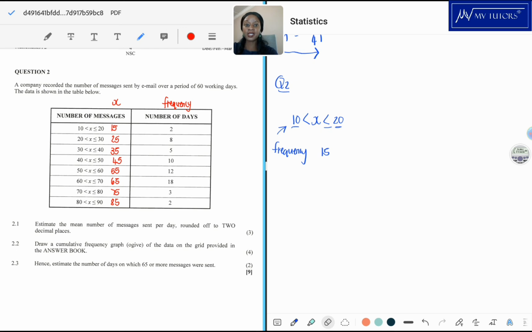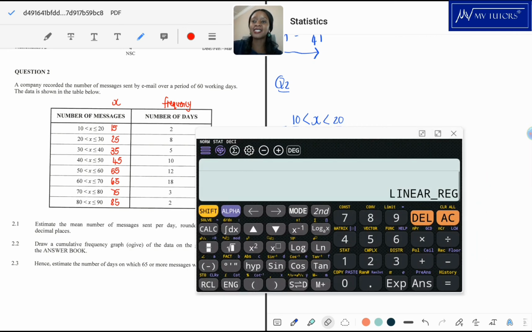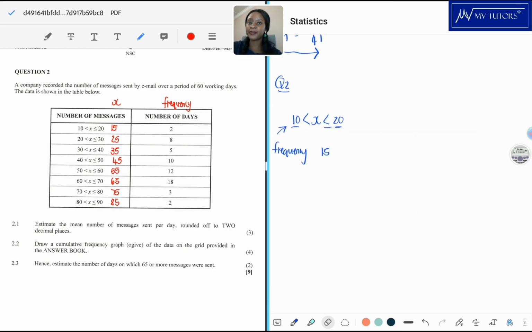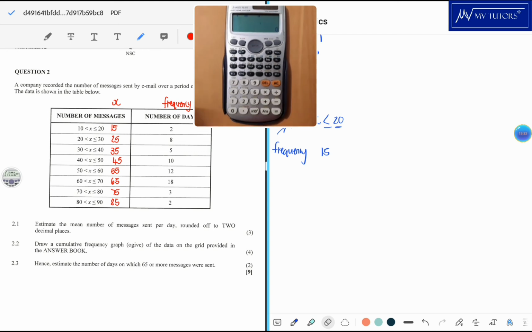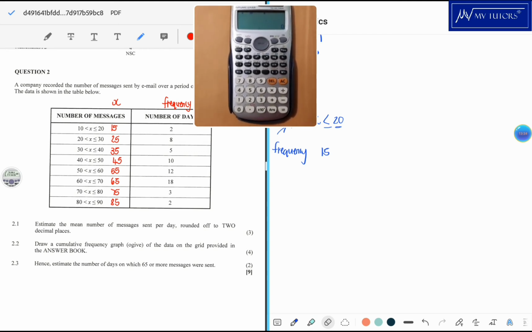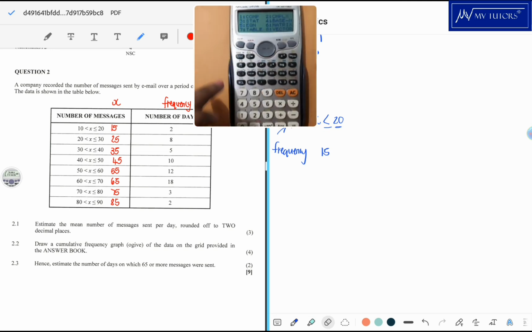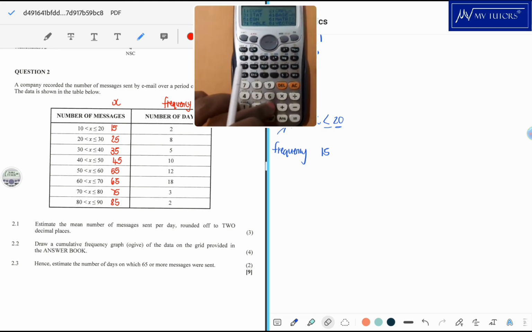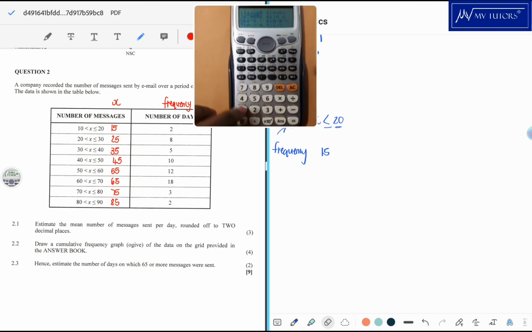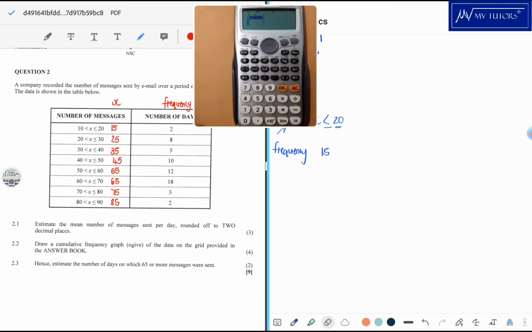I'm going to pause and then set up the calculator. I wish this one would work that way, but it doesn't, or maybe I don't know how to operate this calculator, so I'm going to show you with the Casio calculator. When you go to mode and click 3 for stat and go to 1-variance, you only have that one column for x.